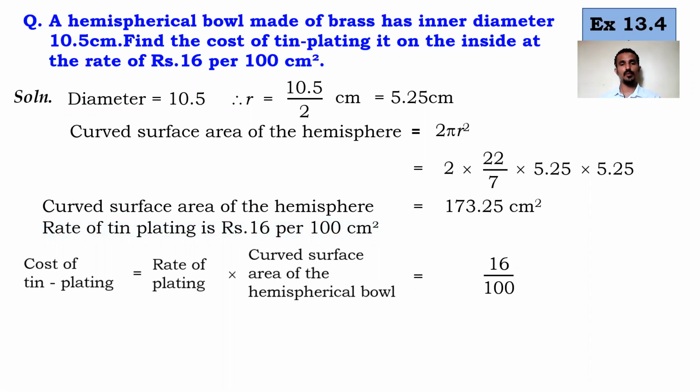So the cost of tin plating is equal to rate of plating multiplied by the curved surface area of the hemispherical bowl. That means the rate will be taken as 16 upon 100 multiplied by the curved surface area 173.25. Whatever is the answer will be in rupees.